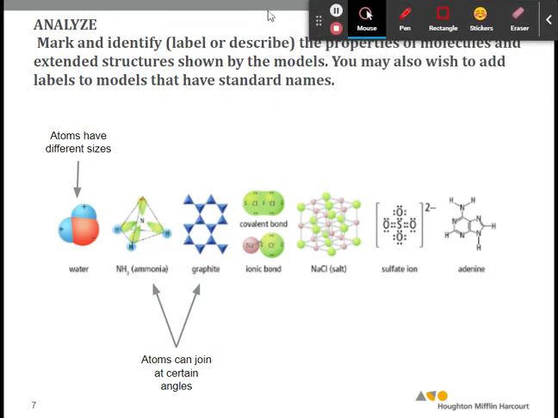But those shapes form because the angles bonded between the atoms are very specific. Now, the model that's used for ammonia shows the shapes of the atoms in a different way, and so does the model for graphite.